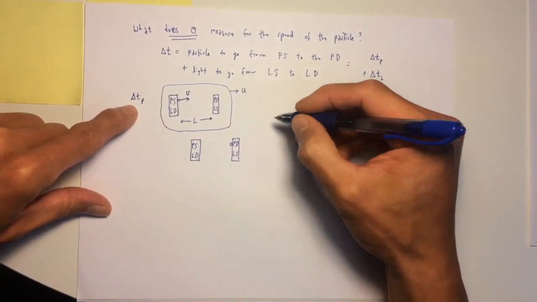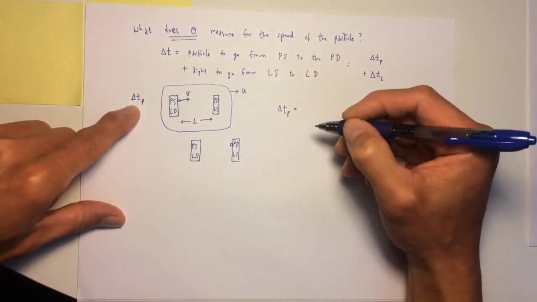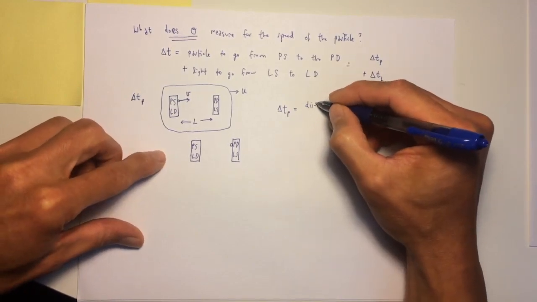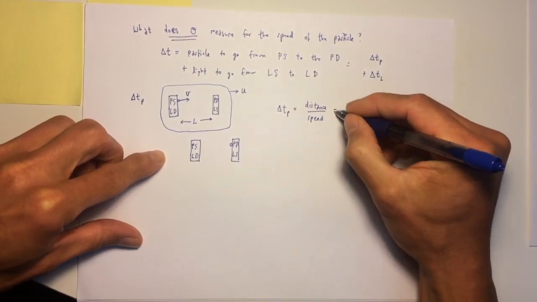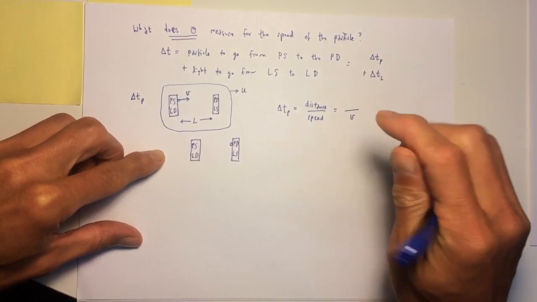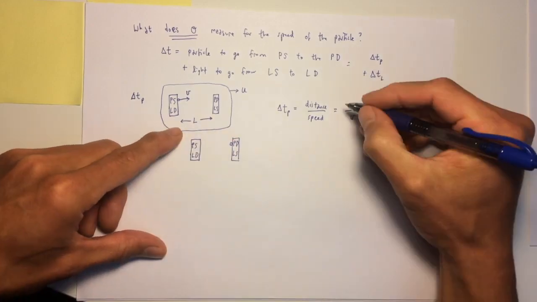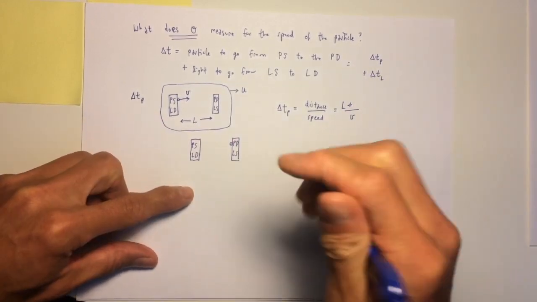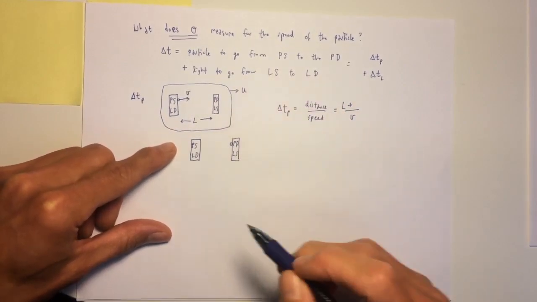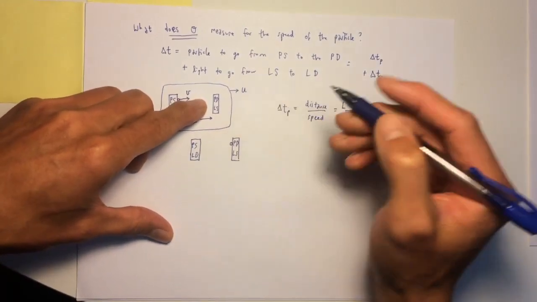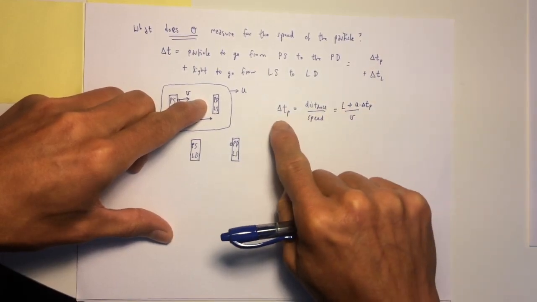So this time for the particle to make the outbound trip is a distance per speed, right? And the speed that the particle uses is the speed v. That's the speed seen by O. And the distance is L plus the fact that this particle detector has shifted over by a distance that's equal to the speed u times this same time.